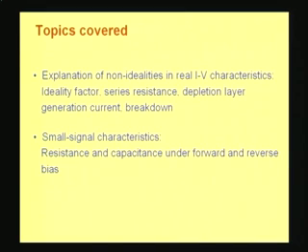Then we explained the non-idealities in real current voltage characteristics, namely the ideality factor, series resistance, depletion layer generation current and breakdown. Finally we considered the small signal characteristics where we gave the equivalent circuit of the diode consisting of resistance and capacitance for forward and reverse bias.